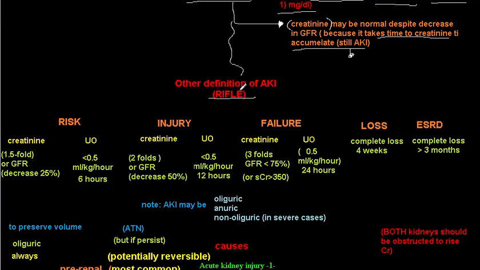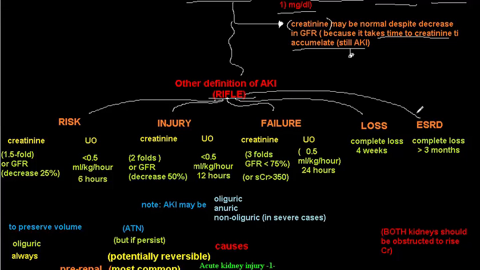Each letter of this criteria symbolizes one word. The R is for the risk of acute kidney injury, the I is for injury, the F is for failure, the L is for loss, and the E is for end stage renal disease.